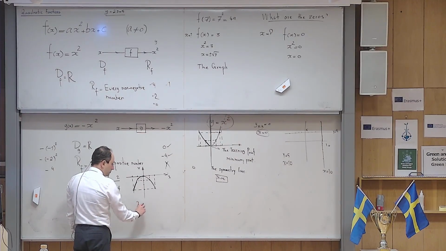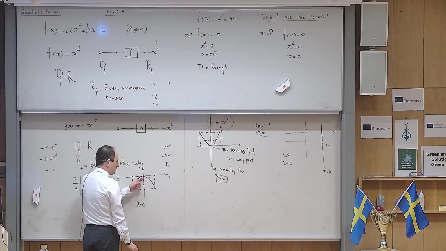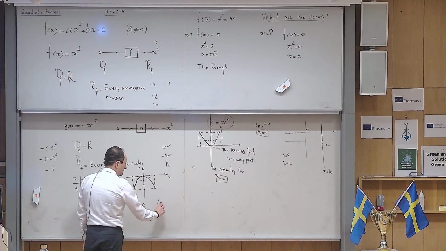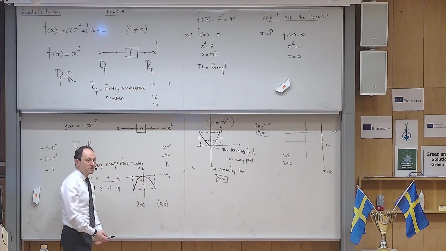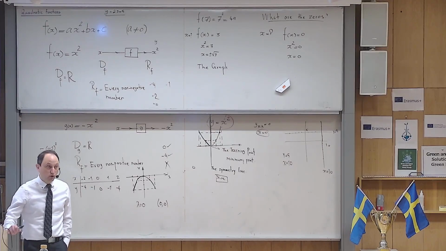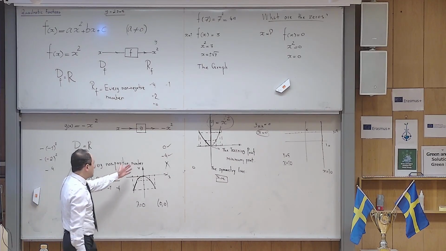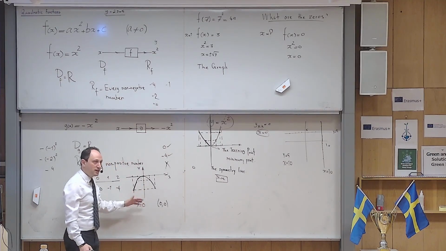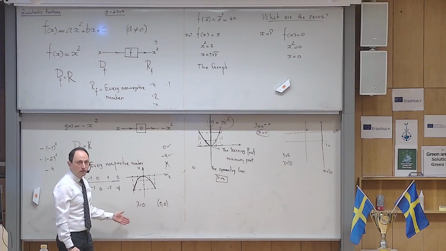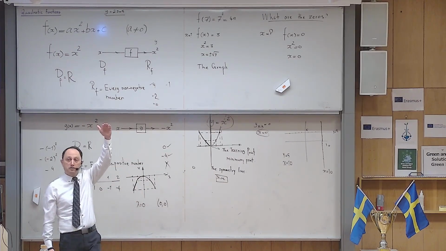X equals 0. What are the coordinates of the turning point, which is the maximum point here? It is 0 and 0. What is the maximum value? It means what is the highest value? Value is always y. What is the highest y? What is the highest height?